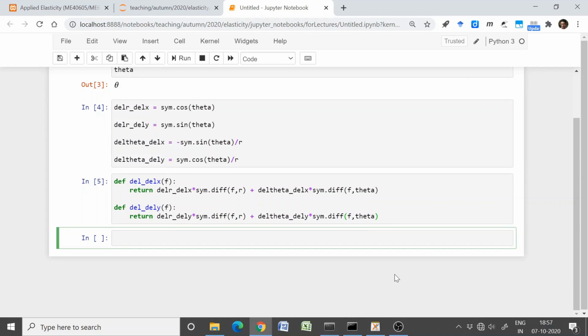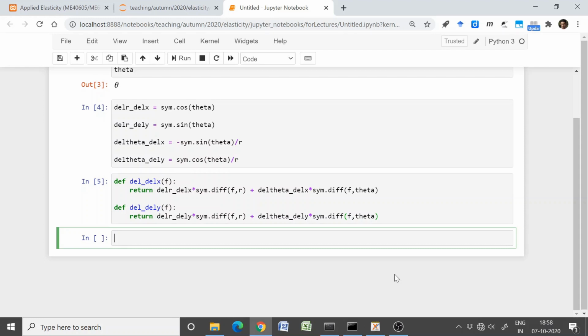Now you see, this is where the real power of the computer algebra system, specifically symbolic Python, is going to be used. If we were writing on a piece of paper, after this step we would have to manually find out the second order derivatives, that is del square f del x square.